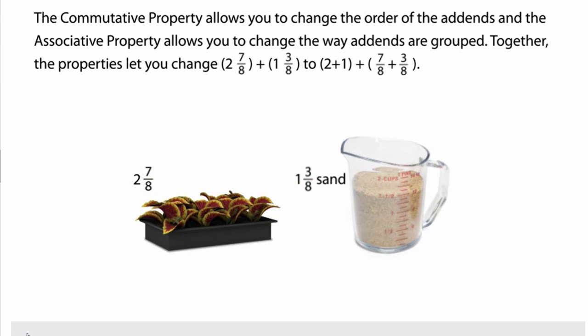The commutative property allows you to change the order of the addends, and the associative property allows you to change the way addends are grouped. Together, the properties let you change 2 and 7/8 plus 1 and 3/8 to the sum of 2 plus 1 plus the sum of 7/8 plus 3/8.